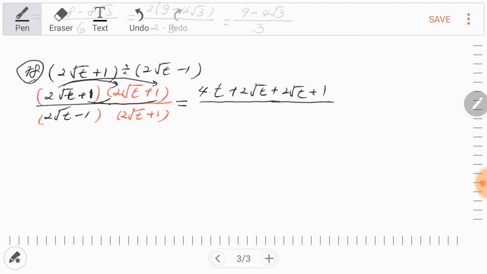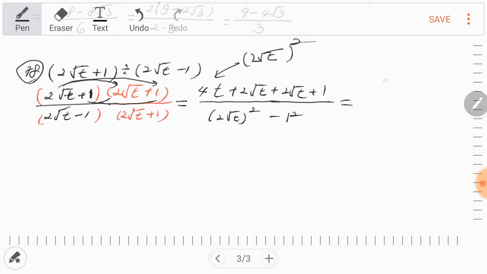And the bottom is 2 square root of t squared minus 1 squared.